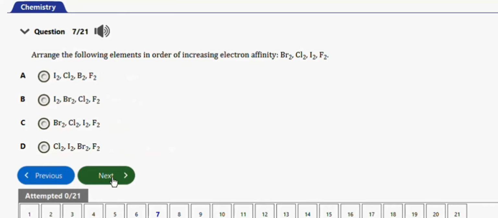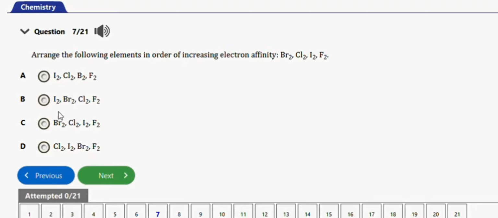It says, arrange the following elements in order of increasing electron affinity. So electron affinity is a periodic property which increases across the period and decreases down the group. So the correct arrangement according to increasing electron affinity will be iodine first, followed by bromine, followed by chlorine, and then followed by fluorine.